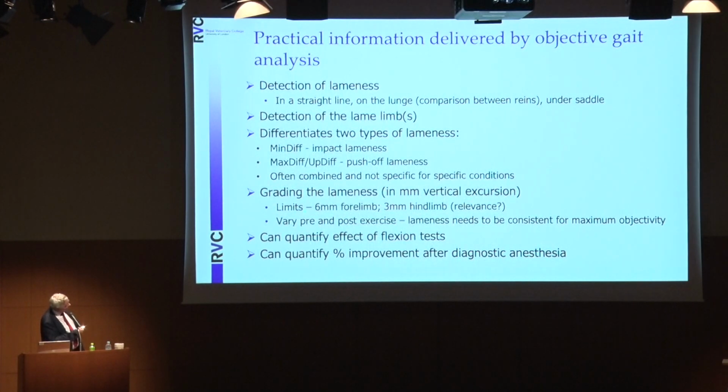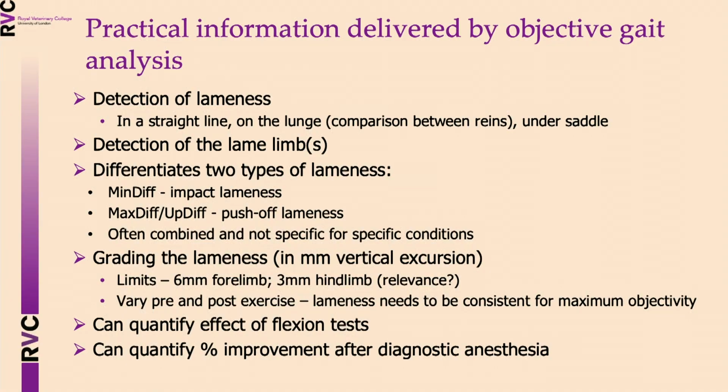We can also grade the lameness in how much asymmetry there is, in millimeters of vertical difference, and there are limits that are published which are very, very small. And for me, the question is whether these values have any relevance to the performance of the horse. I doubt that values like 6 or 3 millimeters affect the horse's performance.